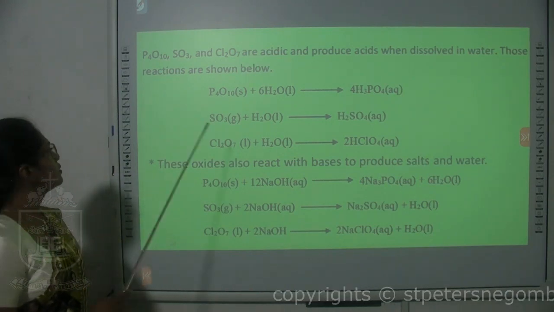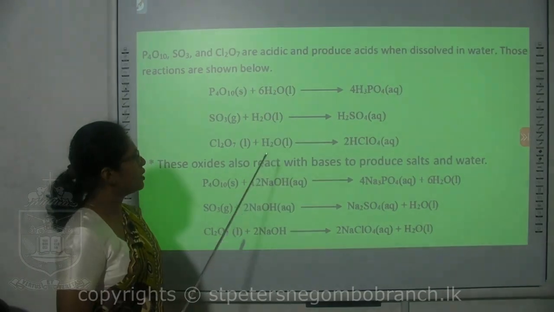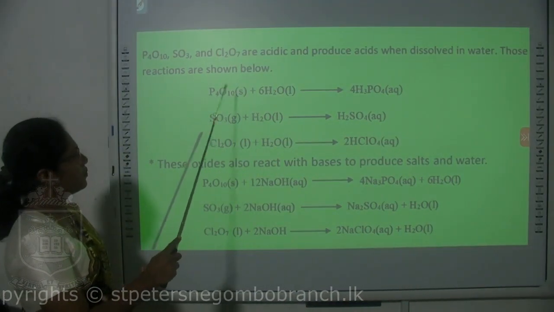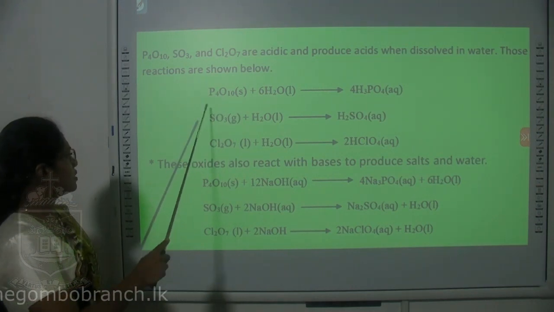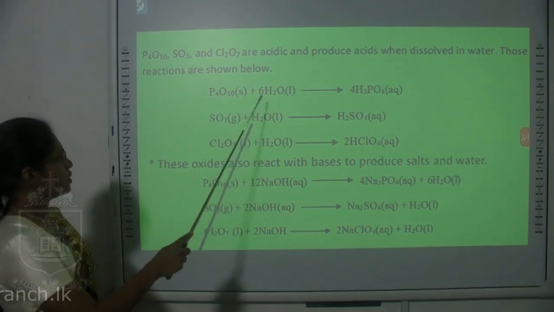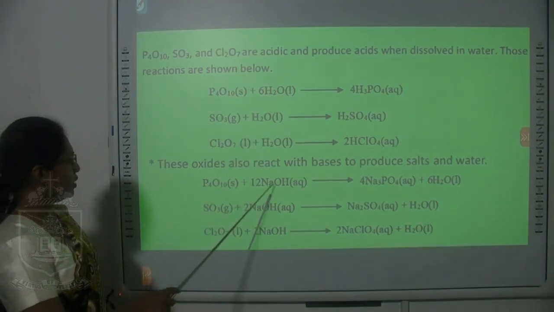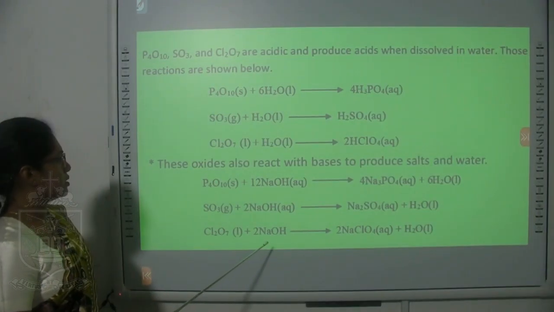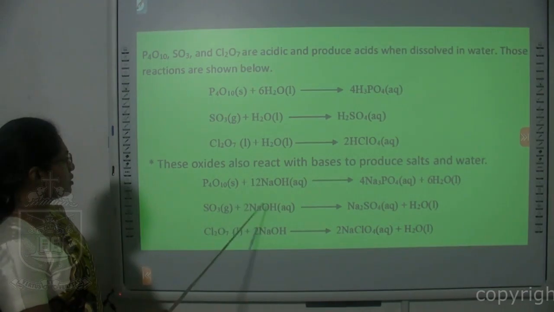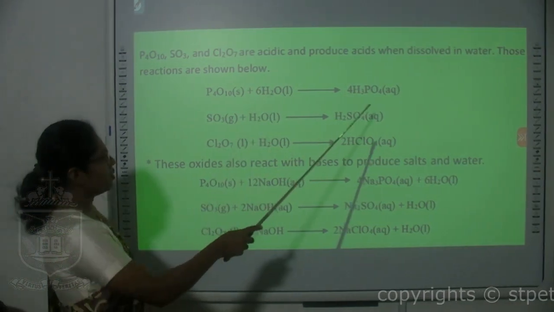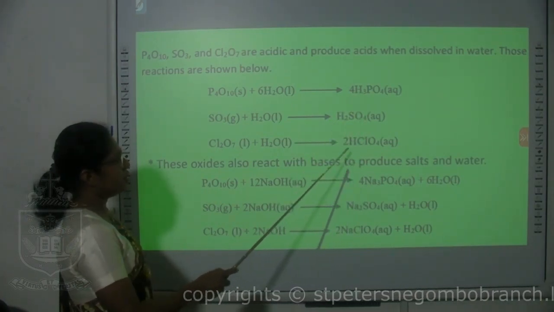After silicon, phosphorus, sulfur and chlorine we find in the third period. So these are the reactions of those elements with water, and also the reaction with bases. We can see here these oxides react with water and form the acidic compounds H3PO4, H2SO4, HClO3.